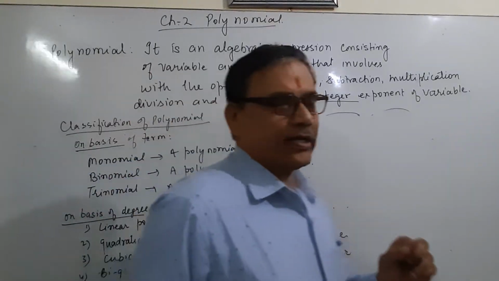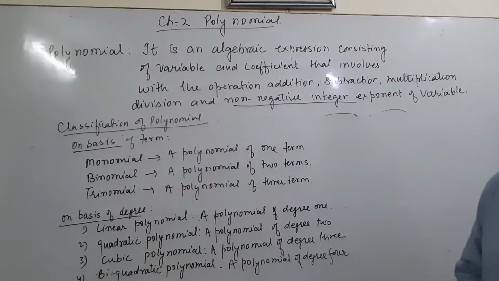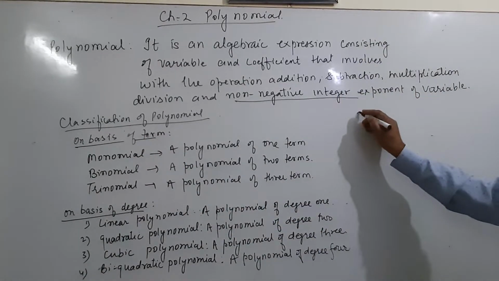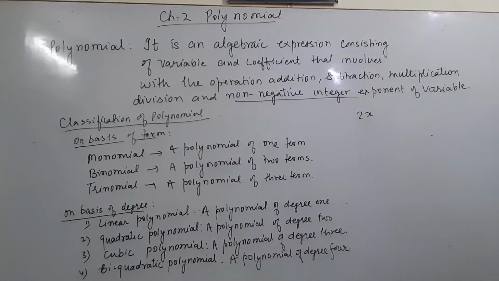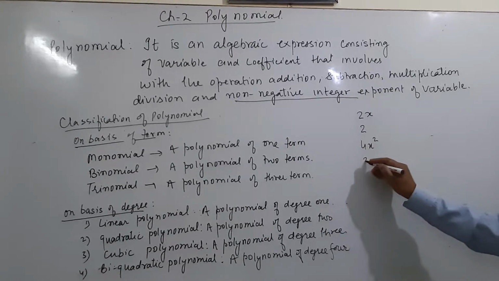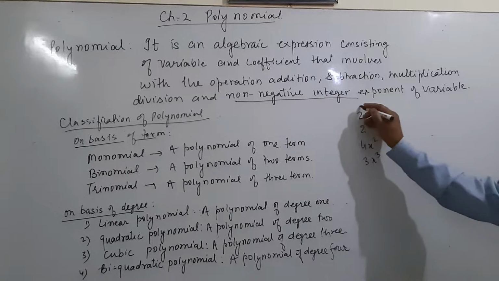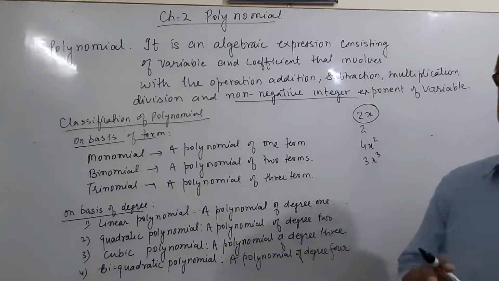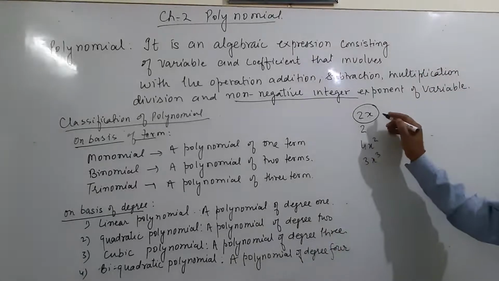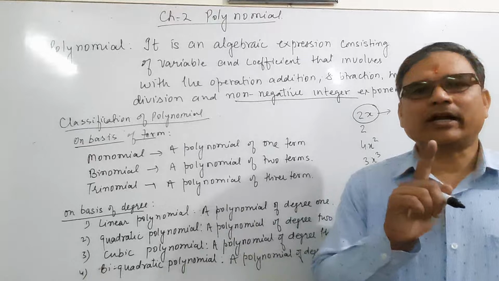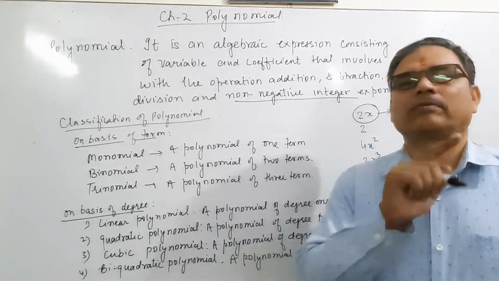And on the basis of the term, first is, if I write 2, x, 4x square, 3x cube, and 2 multiplied by x, it is monomial. Why? It has only one term.